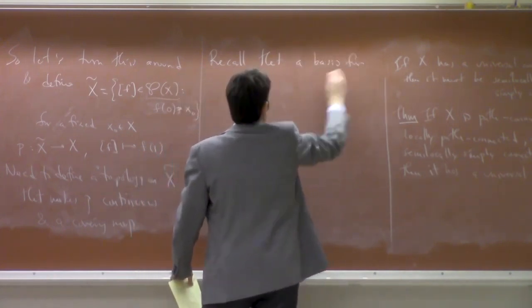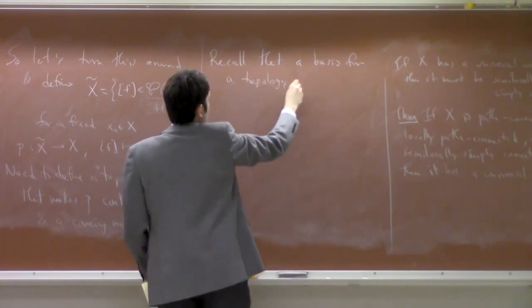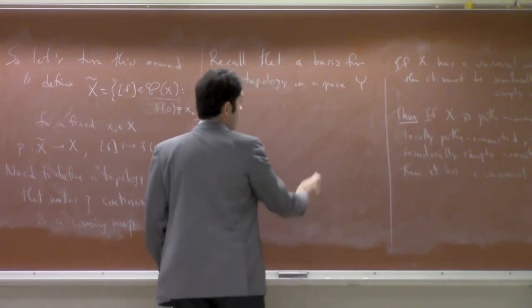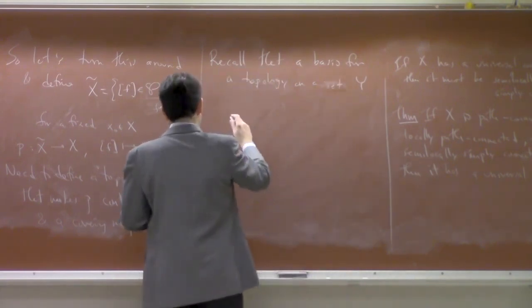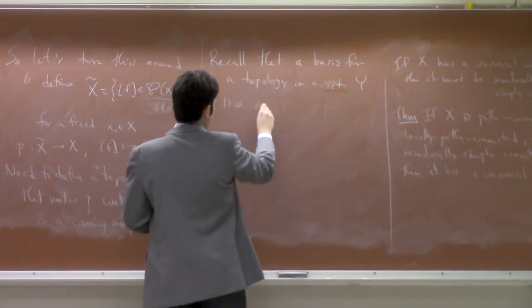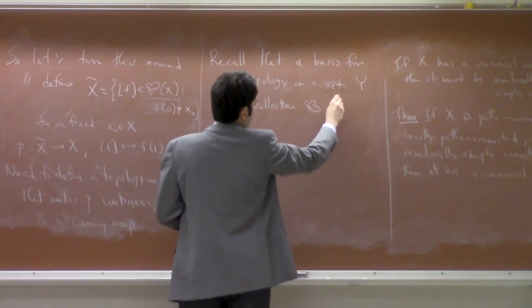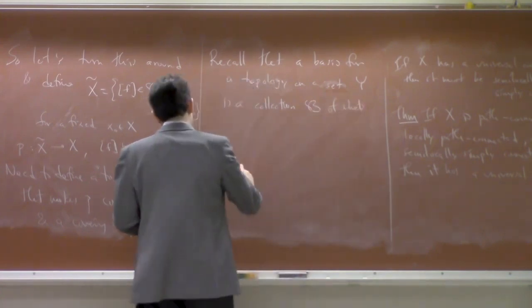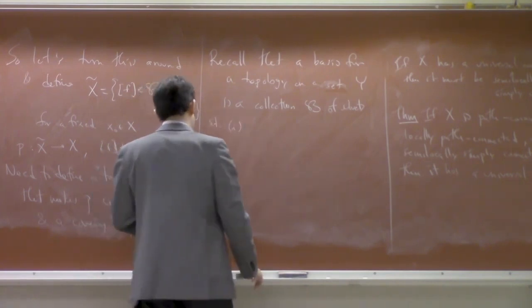a basis for a topology on some set Y is a collection B of subsets satisfying two properties.